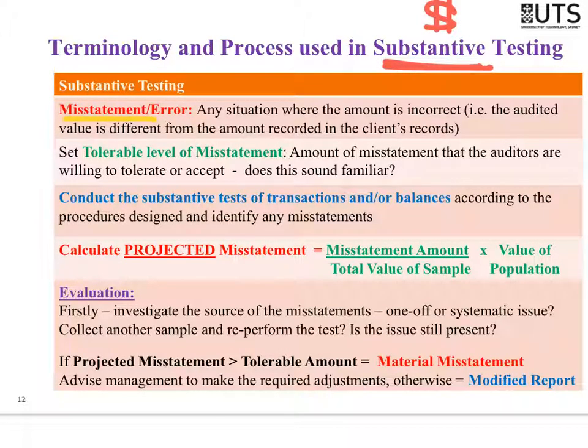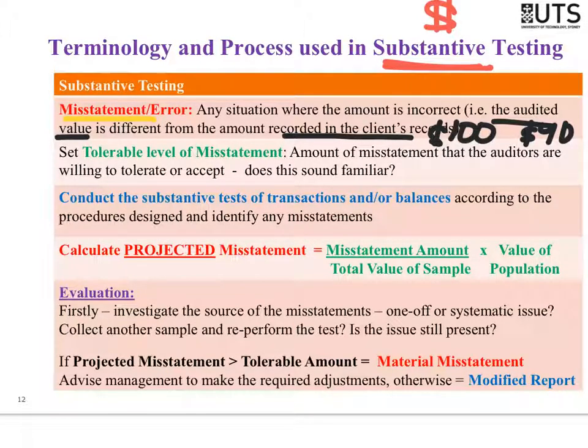Now remember, a misstatement is when the amount that it should have been is different to the amount that they have recorded. Let me give you an example. Say that the audited value, the value we think is true, is $90, right? We think it should be $90. We look at the client's records and they've recorded it as $100.